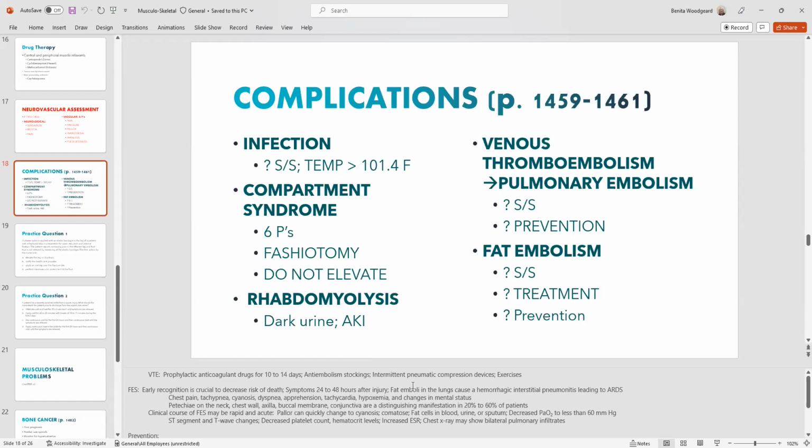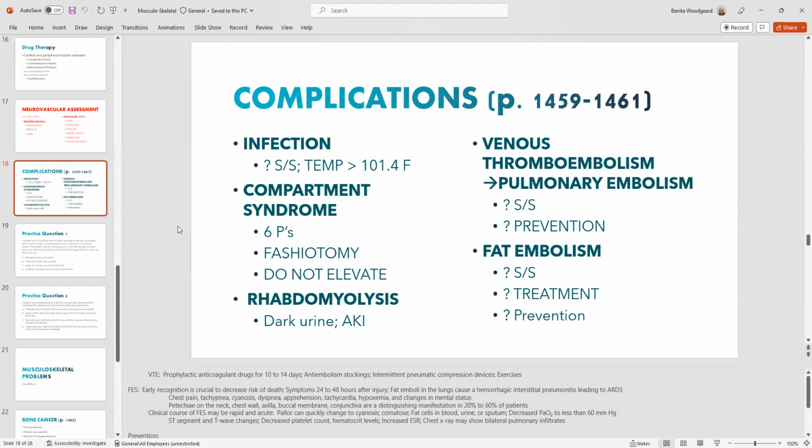So you always want to be listening to these patients' lungs, getting them to cough and deep breathe, and always know about DVTs because they can become pulmonary embolisms. And then again, fat embolisms. You just have to be aware that that can happen with any kind of musculoskeletal injury. It's usually 24 to 48 hours after the injury. It's pretty soon after. And so you really want to keep your eye out for that kind of thing happening.